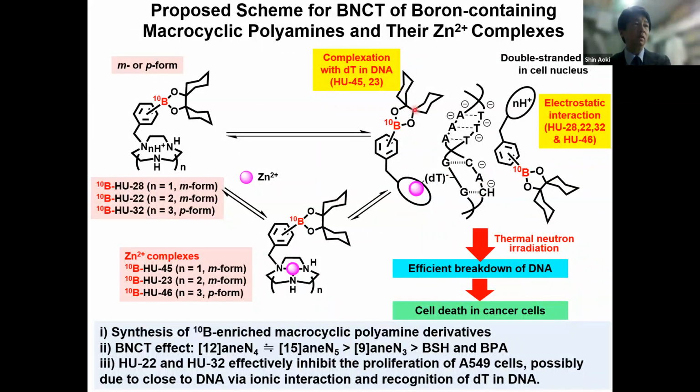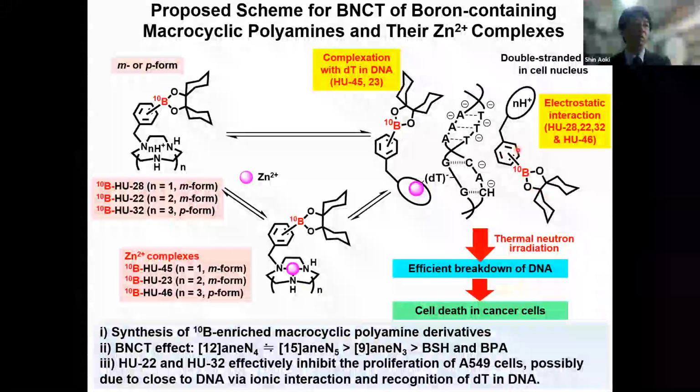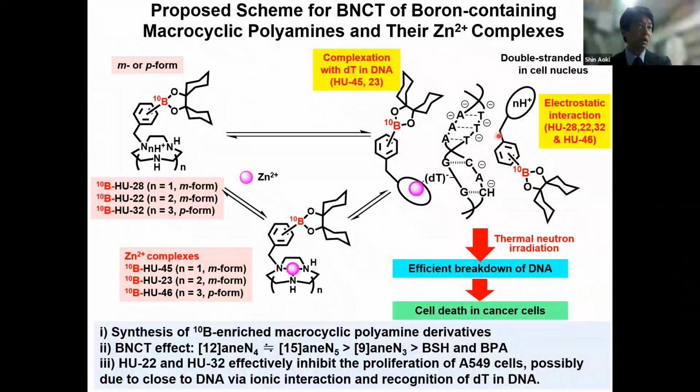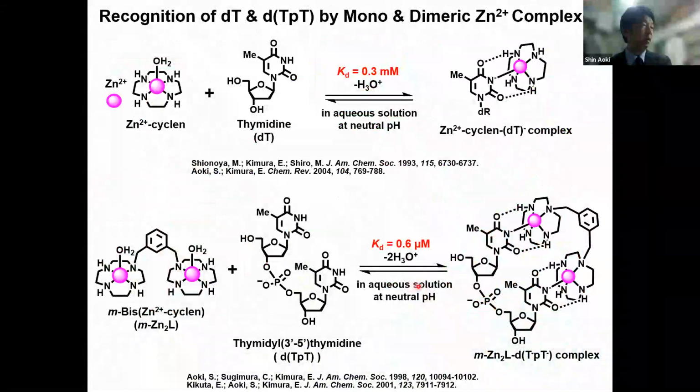We think that these compounds interact with DNA through coordination bonds or electrostatic interactions, leading to efficient breakdown of DNA upon irradiation with thermal neutron and resulting in cell death in cancer cells. As I told you, the gene complex recognizes thymidine, with these KD values.